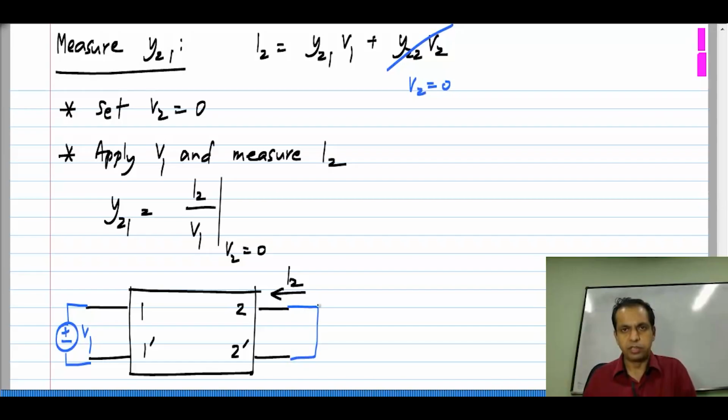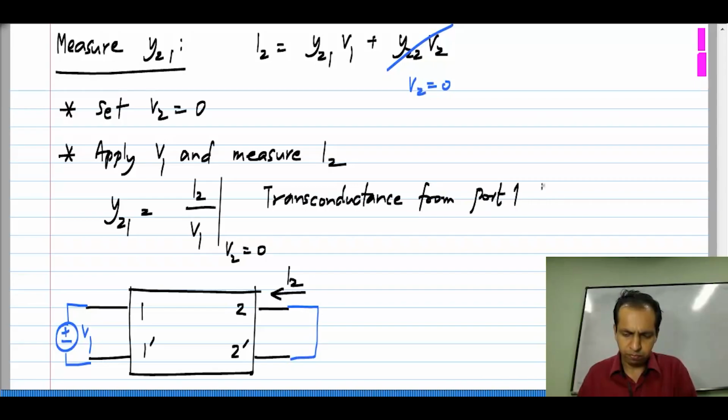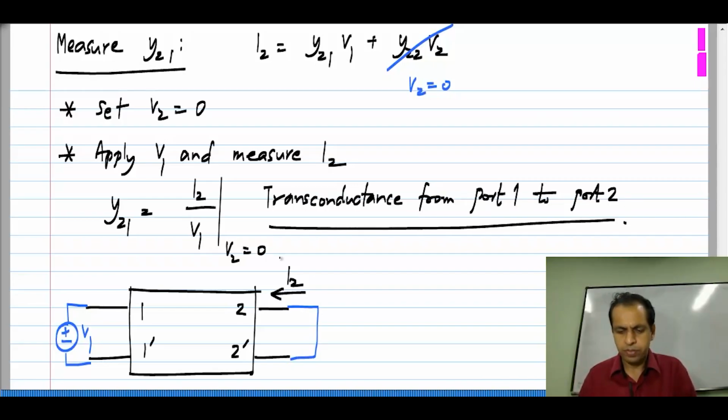So, I am measuring the transconductance from port 1 to port 2, with port 2 short circuited.